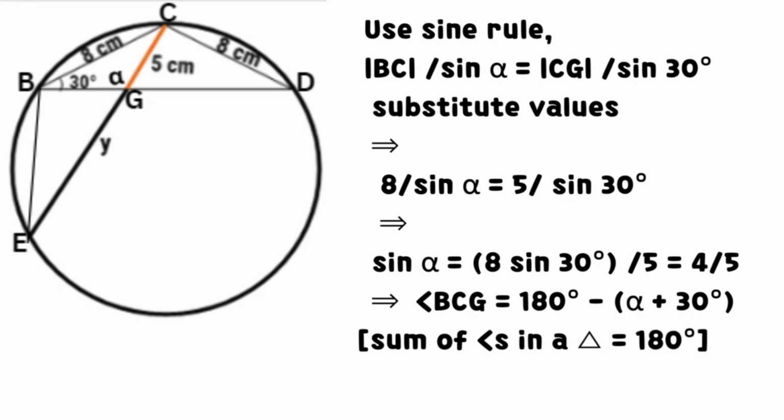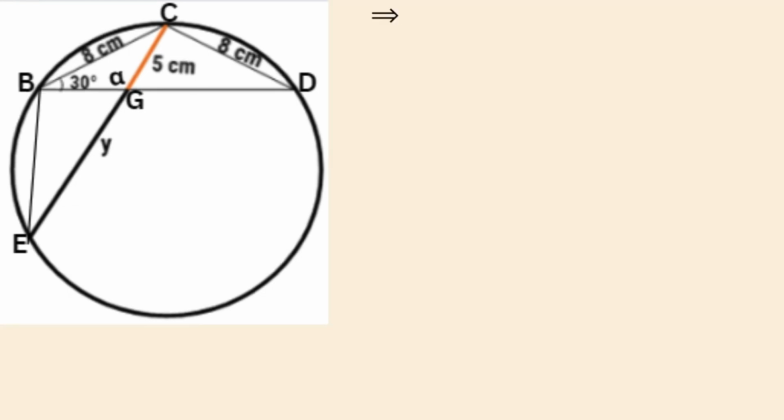Solve for sine alpha to obtain that sine alpha equals 4 divided by 5. It signifies that angle BCG equals 180 degrees minus the sum of alpha and 30 degrees. It is because the sum of angles in a triangle equals 180 degrees.